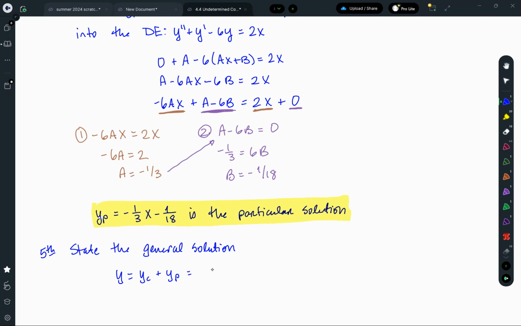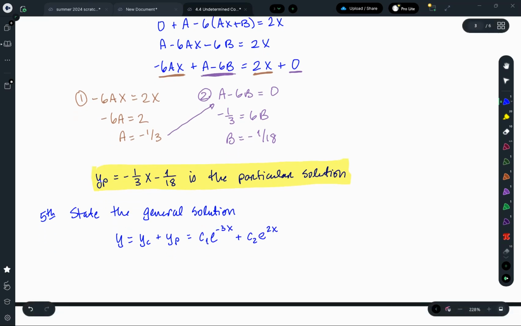Y sub c, again, was c1 e to the minus 3x plus c2 e to the 2x, plus the y sub p. I get a negative 1/3 x minus 1 over 18. That's our general solution. Y is equal to that.